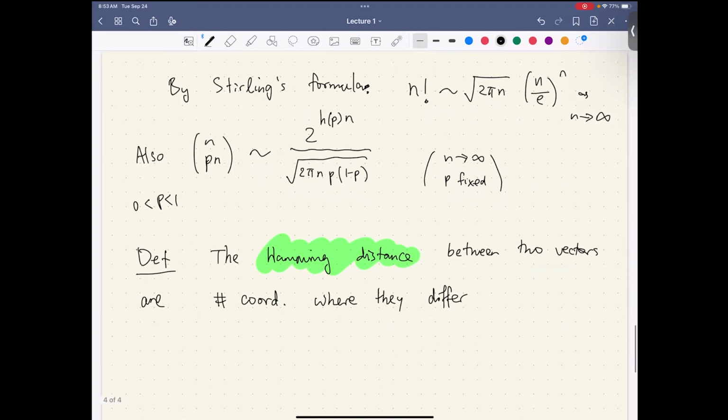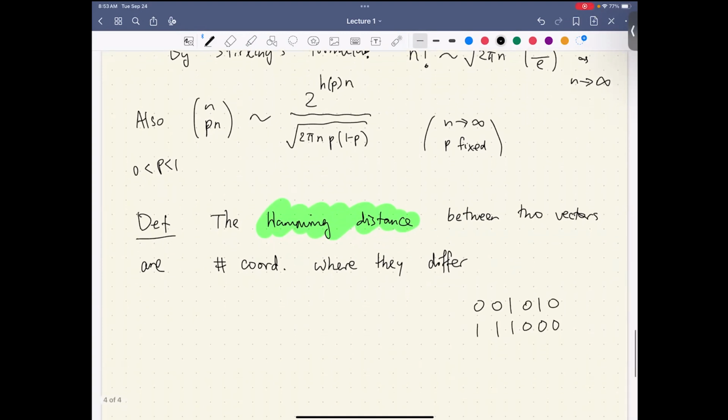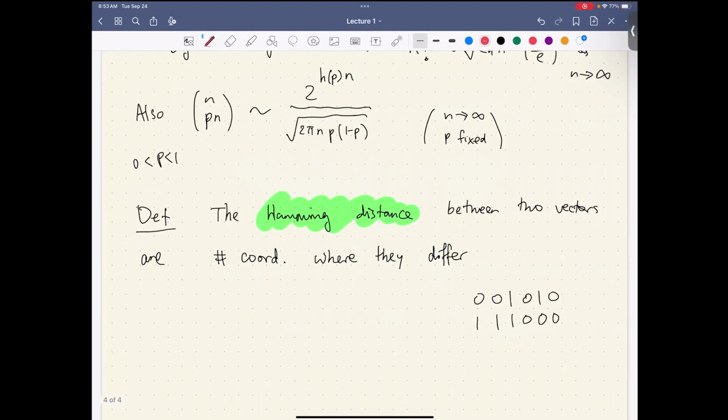Here's a very simple example. If you have 0, 0, 1, 0, 1, 0, then where do they differ? For these two, the Hamming distance is equal to 3.